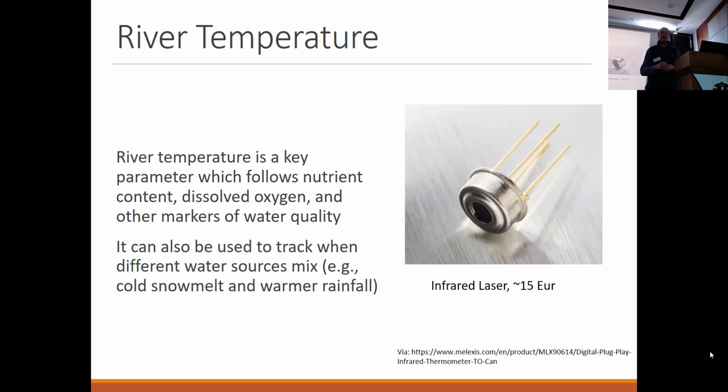I don't have one of these here because they're all already installed out there in the world. But it's basically a tiny little laser, and it's the same thing as when you go to the doctor and they take your temperature with one of these little infrared things where you don't have to actually put something in your mouth. Or during COVID when they had these little webcams when you walk through the airport to check if you have a fever.